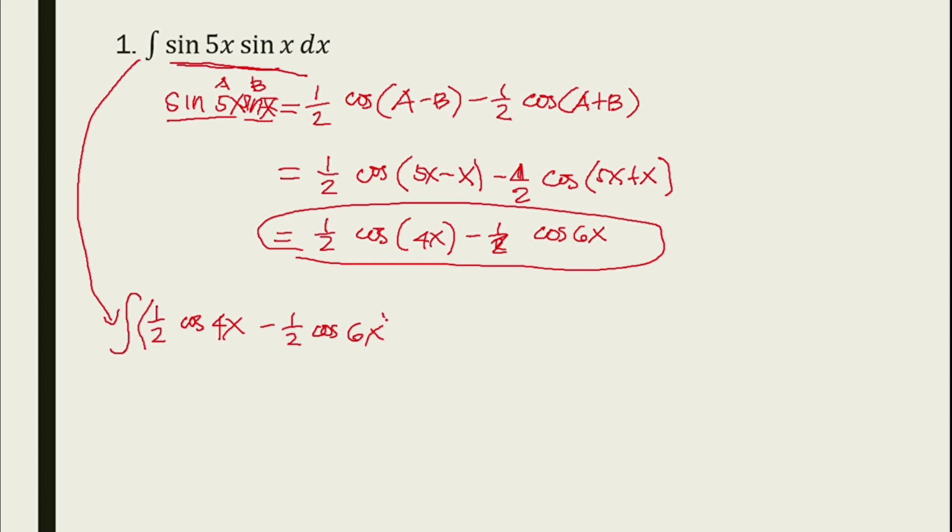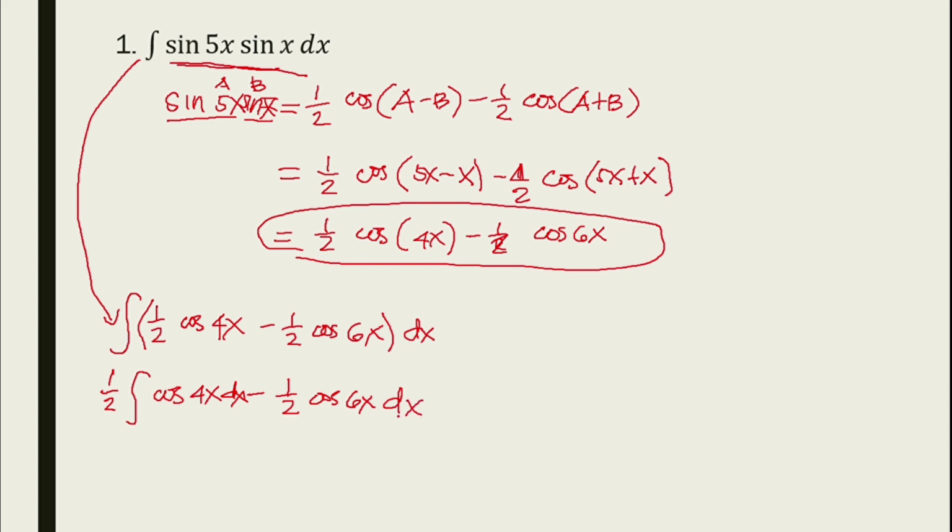Next, we are going to integrate by substitution. We have 1/2 cos 4x minus 1/2 cos 6x dx.